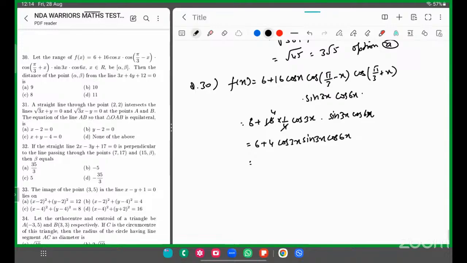We can apply the formula again: 2 into cos 3x into sin 3x, and one 2 can be taken outside. Cos 6x will be left as it is.